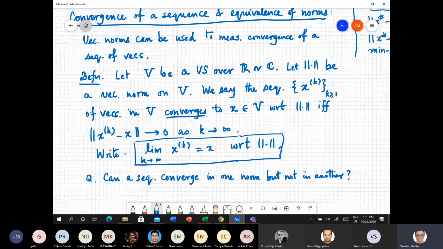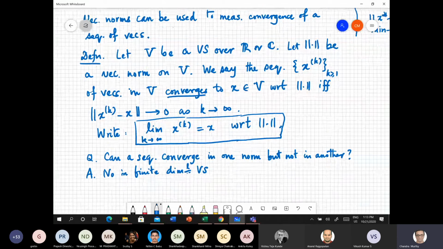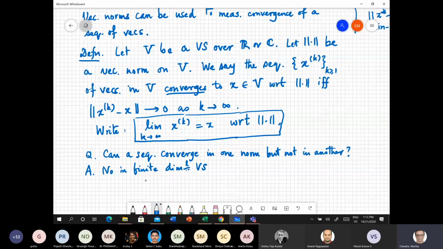And the answer is no in finite dimensional vector space. And we'll see why this is true in a minute. But before that, let me write the other question, which is actually easier to show. So, can a sequence converge to two different points with respect to a given norm?